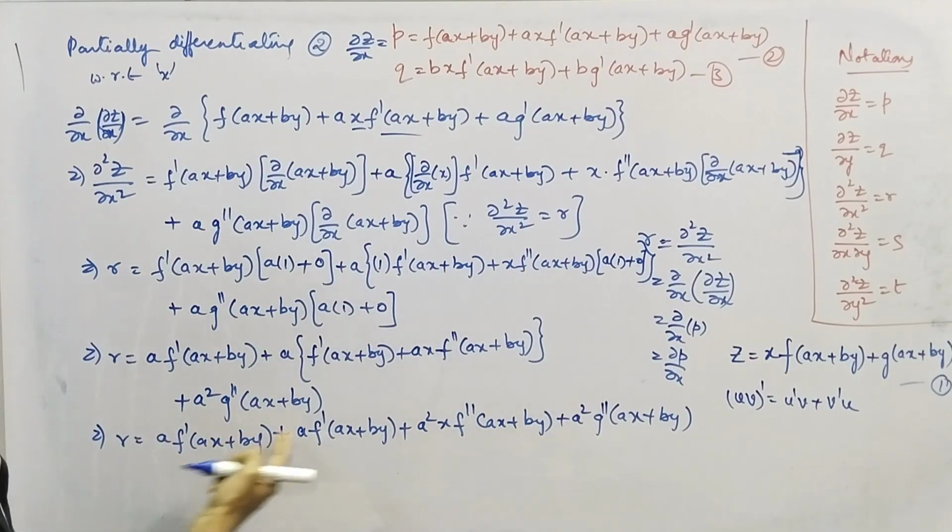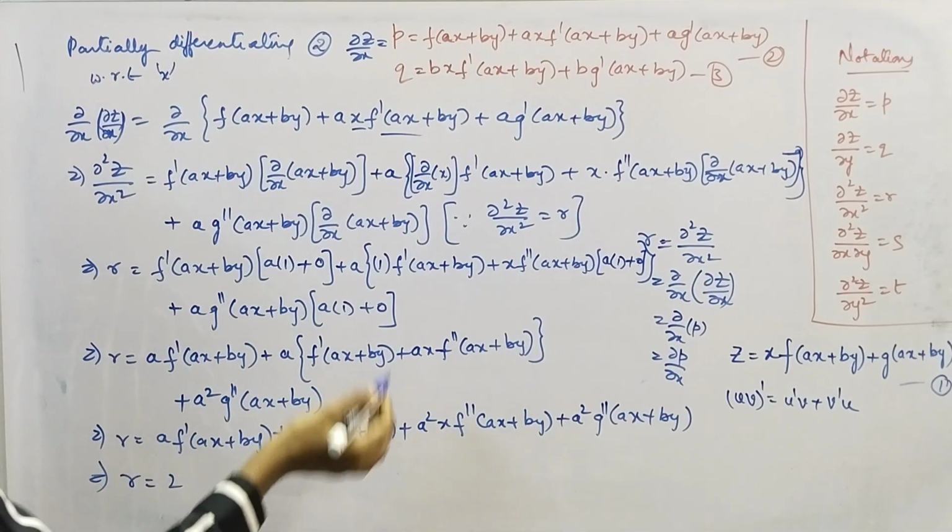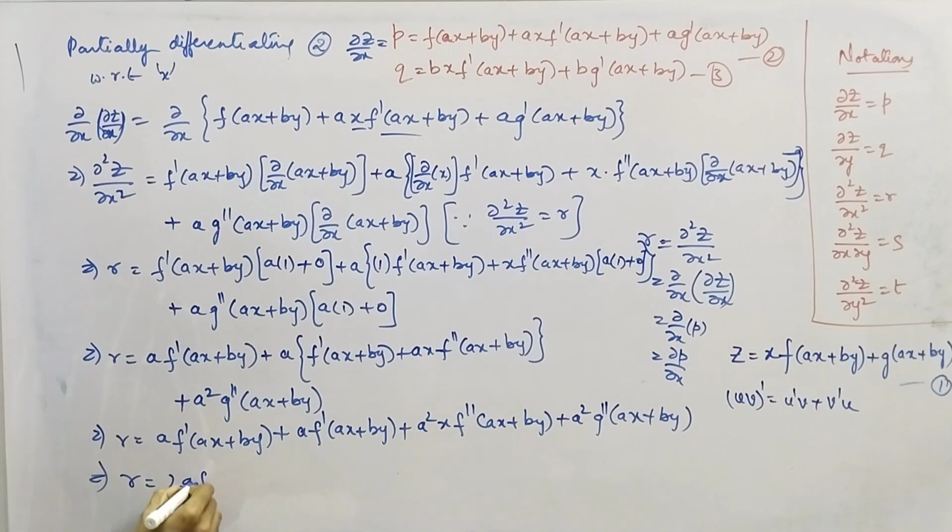You have to notice one thing here. You have a f dash. You can write this as 2a f dash. So let r equal to 2a f dash. This gives us r equal to a f dash plus a f dash gives 2a f dash.